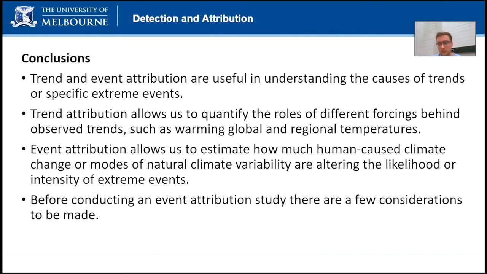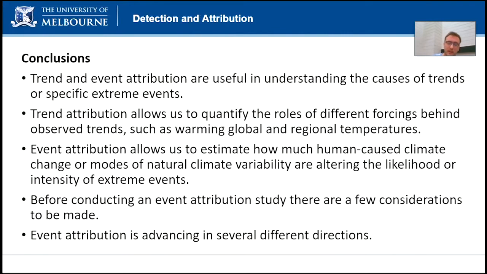So it's not as simple as just identifying an extreme event and running our model simulations and producing a number. It has to be carefully considered that we already understand the influences of climate change and variability on that class of extreme events before we can actually do an event attribution study.